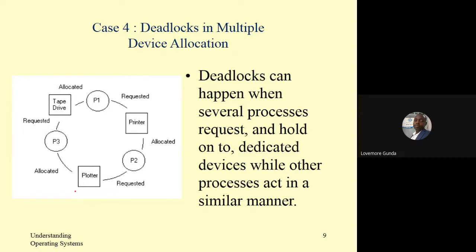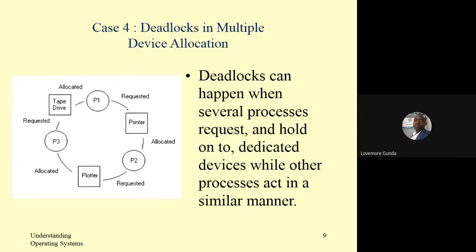Deadlocks can happen when several processes request and hold onto dedicated devices while other processes act in a similar manner. So in other words, we're just saying, as long as a process can request a resource and hold onto it, it means at the end of the day, there will be a deadlock.